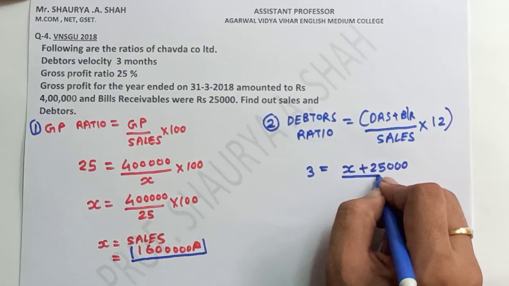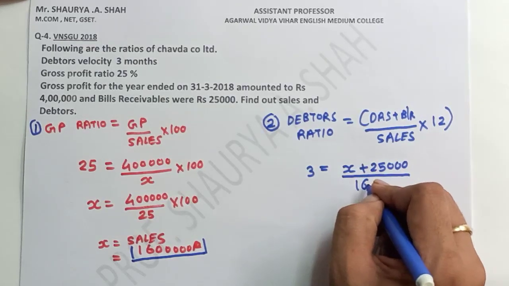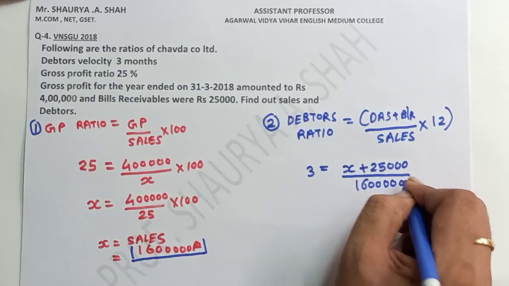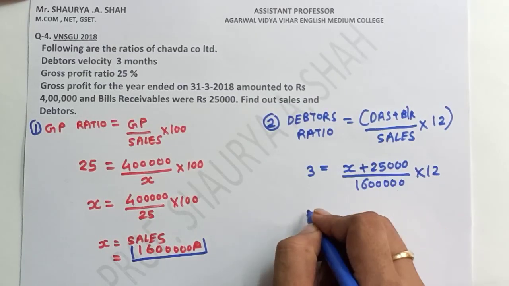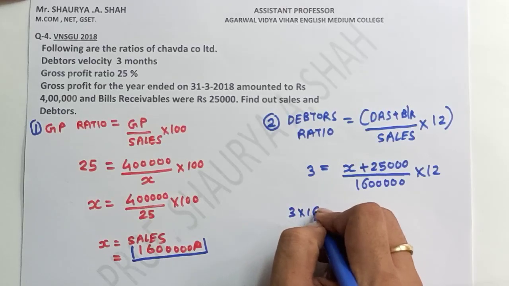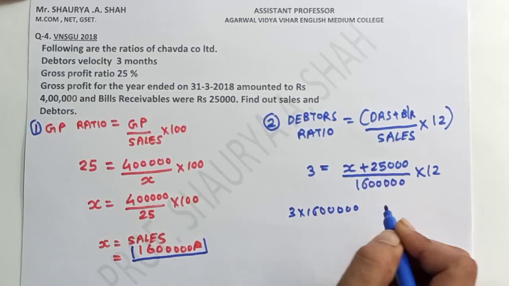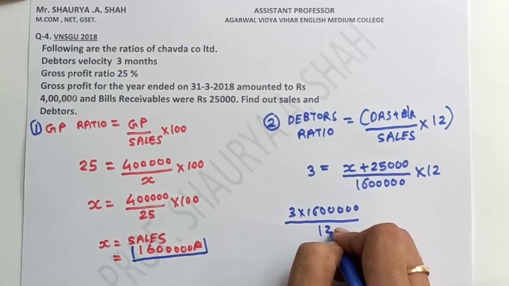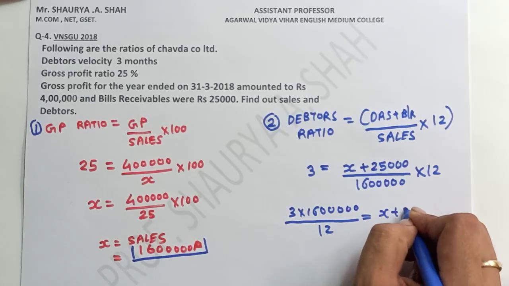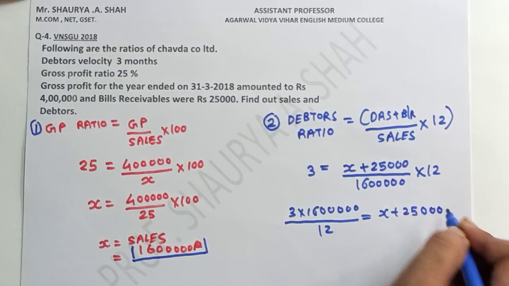Again sales we have just now found out, 16 lakh in the previous step, into 12. So when you solve this, students, your 3 into 16 lakh divided by 12 is equals to x plus 25,000.